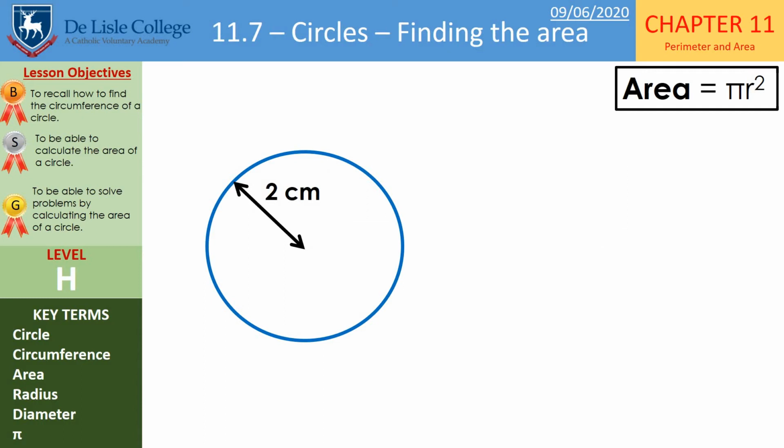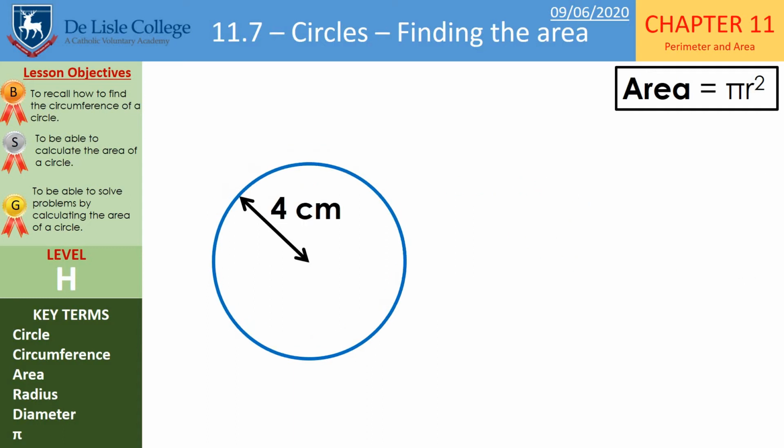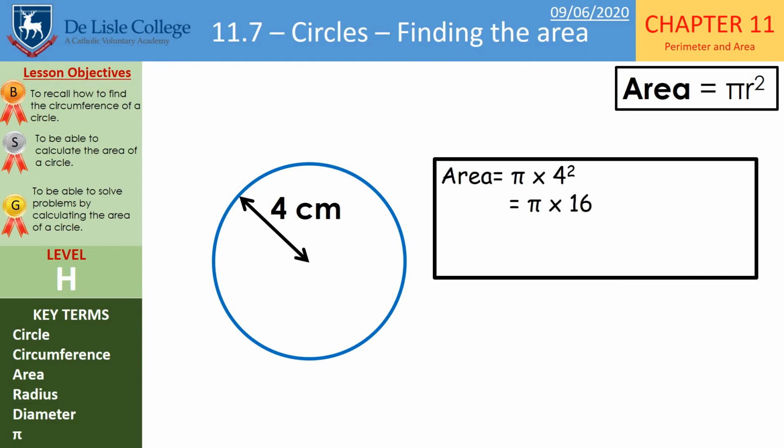This time hopefully you can all work out it's going to be pi times 2 squared. And there's your answer, 12.6 centimetres squared. That should be straightforward. So here we're going to go pi times 4 squared, pi times 16, rounded to 50.3 centimetres squared.